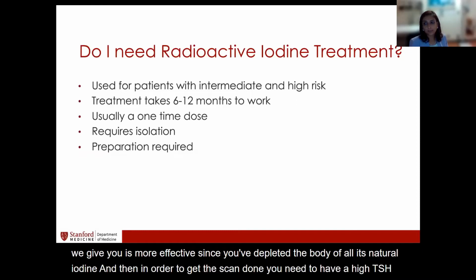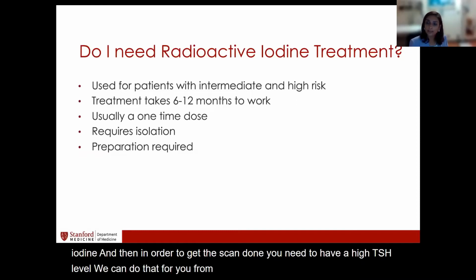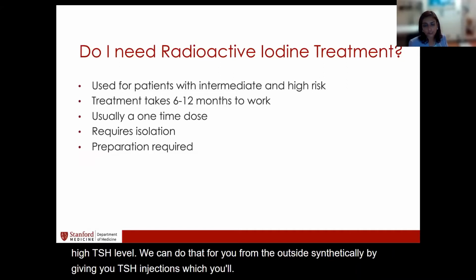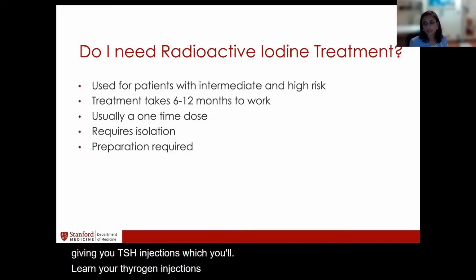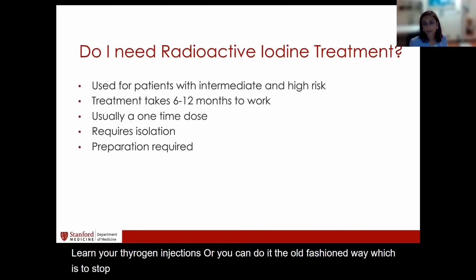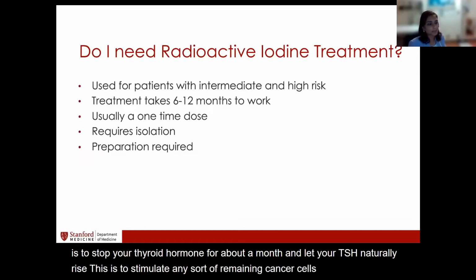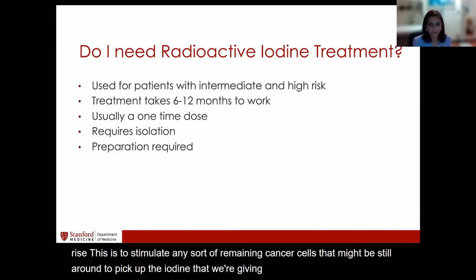We can do that from the outside synthetically by giving you TSH injections, which you'll learn are Thyrogen injections. Or you can do it the old-fashioned way, which is to stop your thyroid hormone for about a month and let your TSH naturally rise. This is to stimulate any remaining cancer cells that might still be around to pick up the iodine that we're giving with the radioactivity.